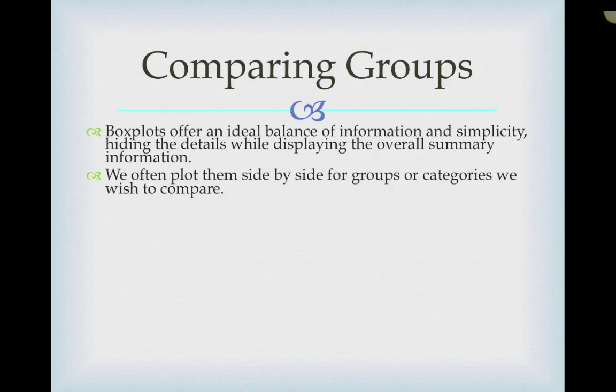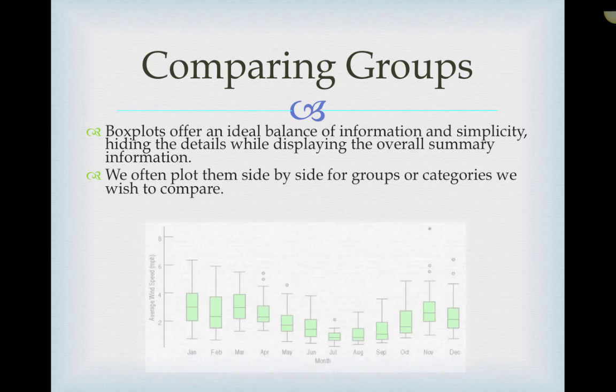Now we can still compare groups using histograms, but we want to make sure that they have the same scale and that the bin width is going to be consistent, so that way we are looking at the data displayed in the same way. But again, box plots are often easier to compare groups.